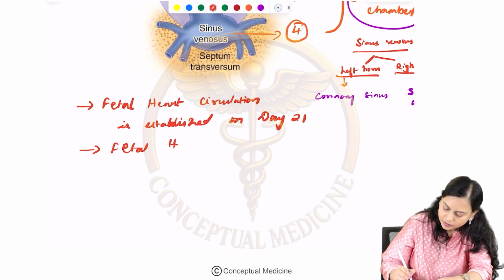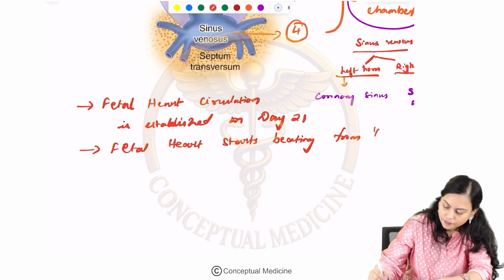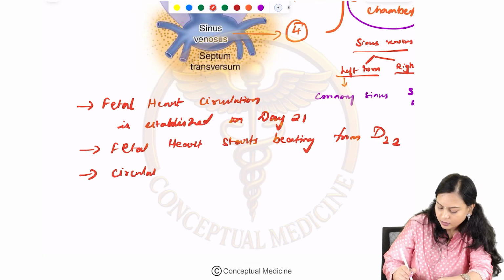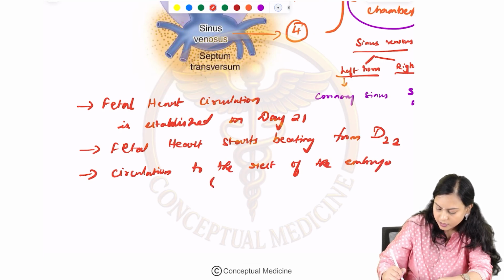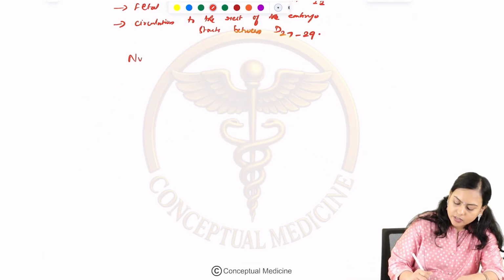The fetal heart starts beating from day 22 and circulation to the rest of the embryo starts between day 27 to 29. One more point is, how is nutrition established throughout the intrauterine life?